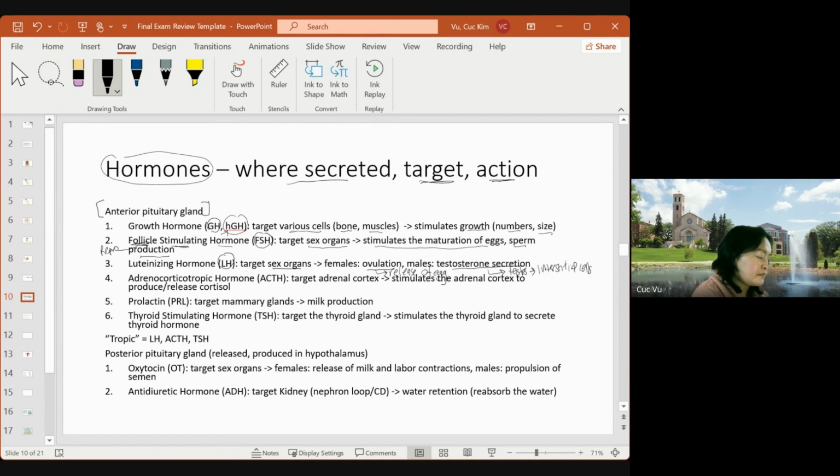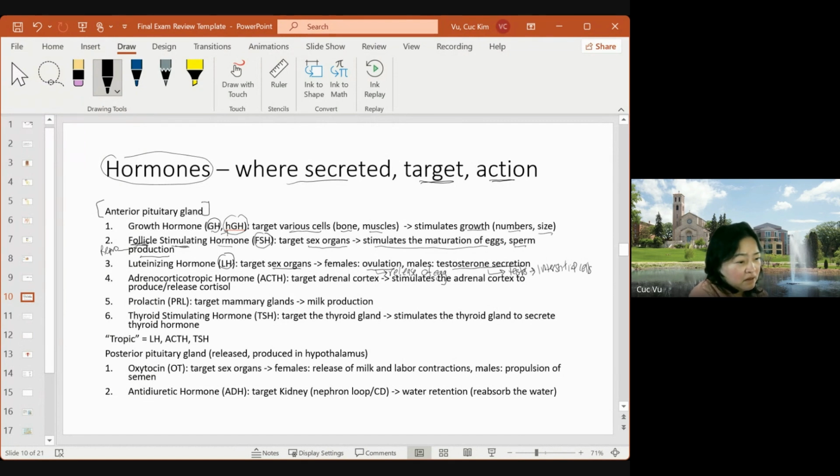And that's the main difference between the endocrine system versus the nervous system. The nervous system uses signals, neurotransmitters, where the endocrine system uses the blood vessels to move, and uses hormones as the stimulating factor.